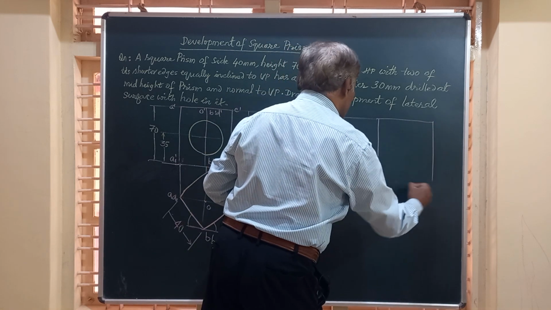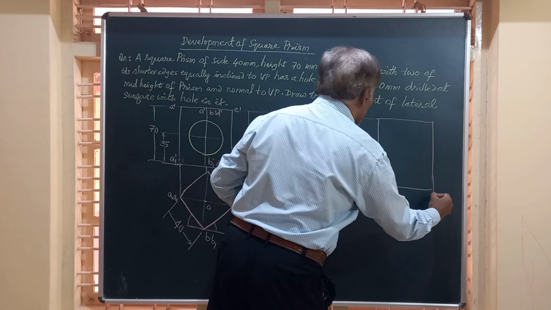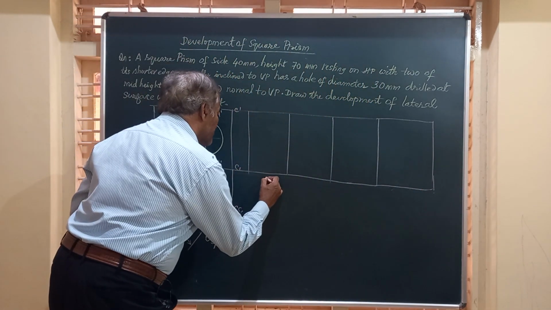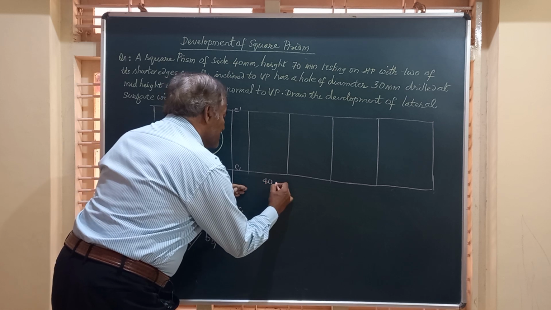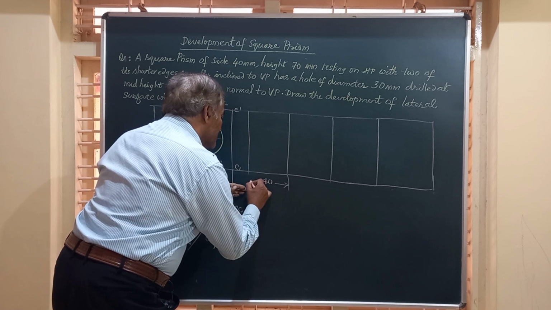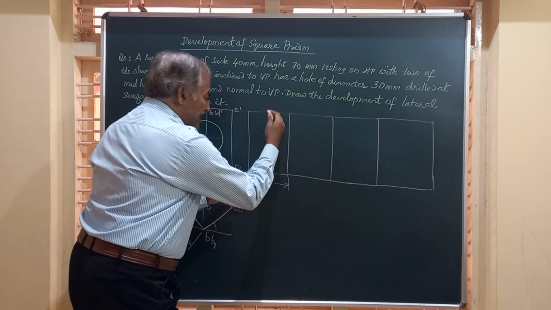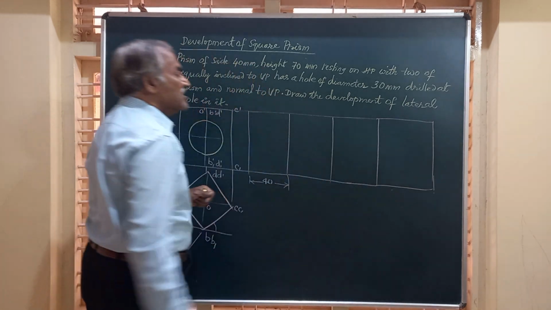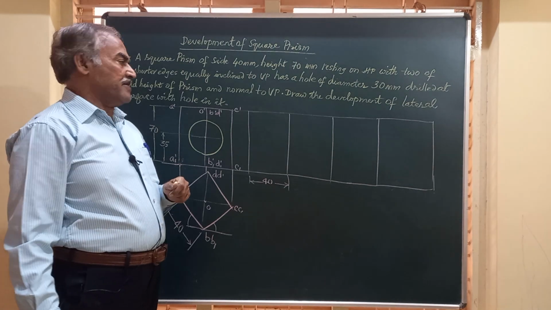This is how the development looks. Each rectangle has a width of 40 millimeter, that is the side of the prism, and the total is 40 into 4, that is 160 mm.